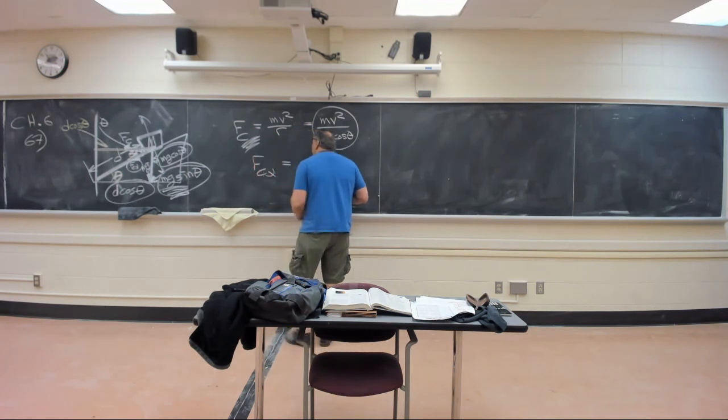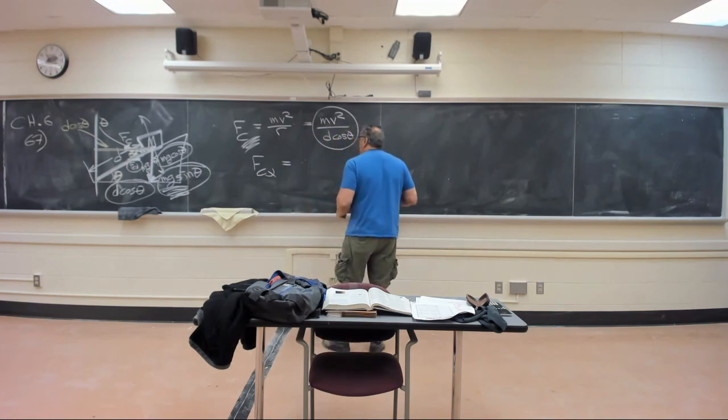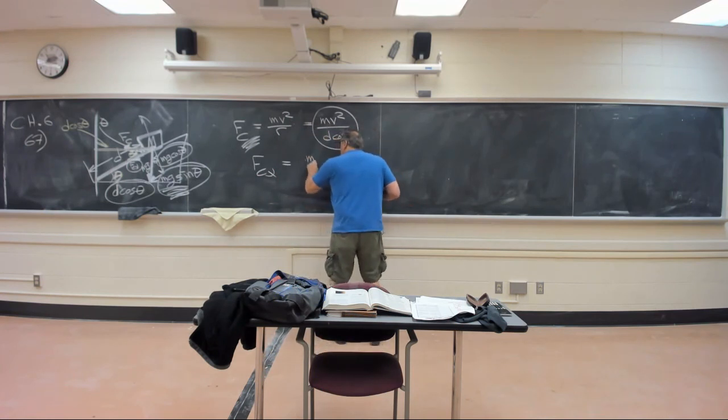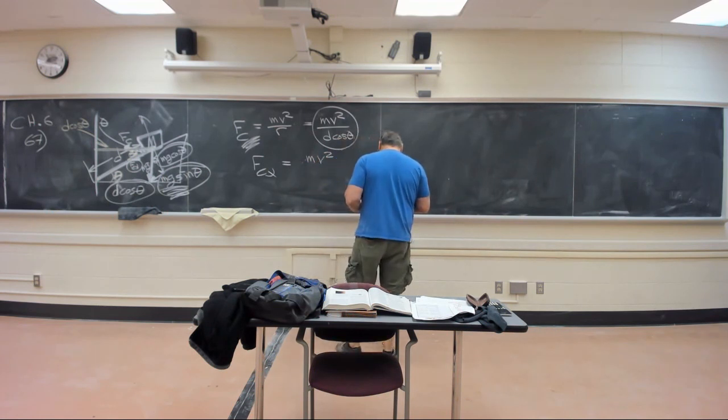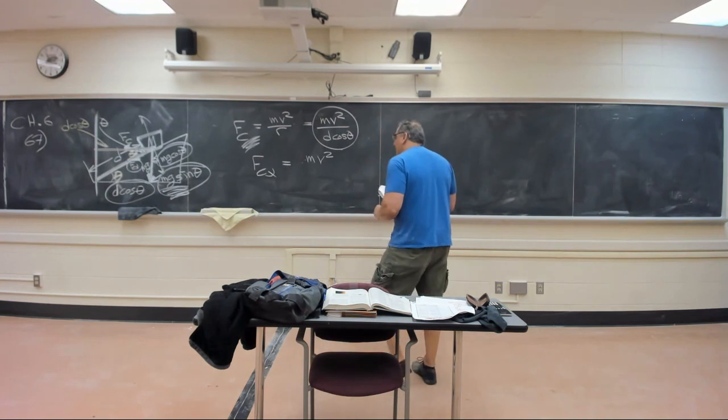Fcx is equal to mv squared. Let's have a look here. Let's really have a look here. Right. Let's see what we got here.